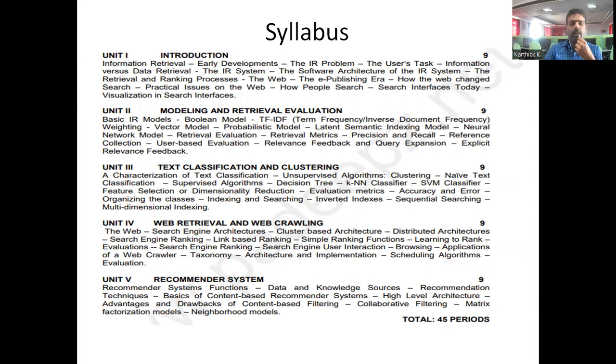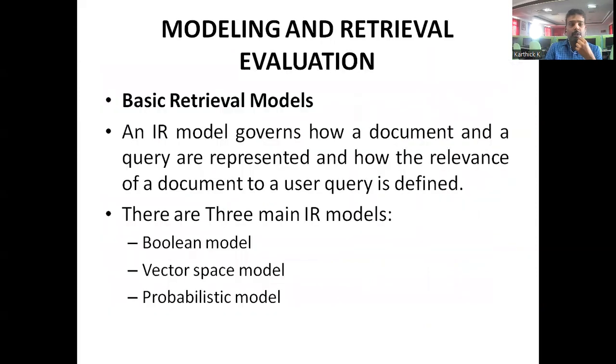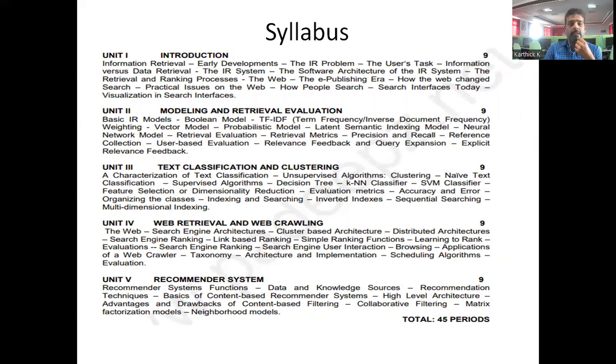In the second unit, we are going to see what different kinds of models there are in information retrieval, the different kinds of parameters, the probabilistic model, the latent semantic model, and how different types of information are retrieved from the basic models in an IR system.